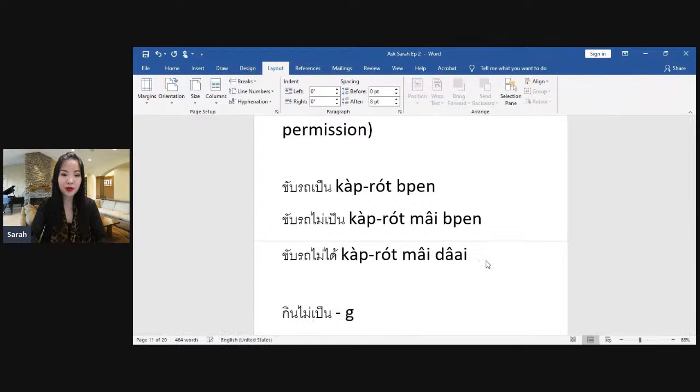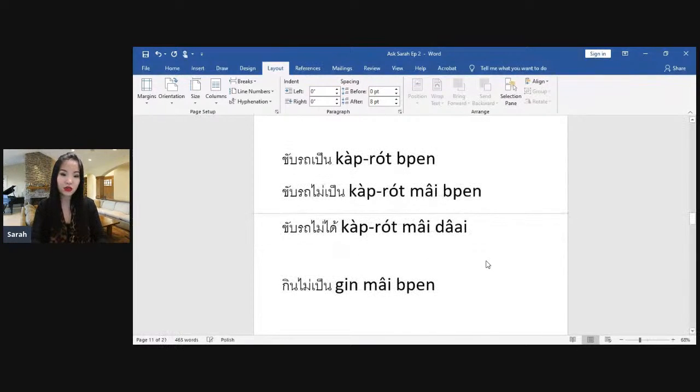Yeah, กินไม่เป็น in Thai doesn't mean you don't have the skills to eat, because we all just chew in our mouth and then swallow it, so you don't really need a skill to do that. So กินไม่เป็น means I never had it before. I never got to eat it, and I feel like I would feel weird if I eat it. It would taste odd to me.